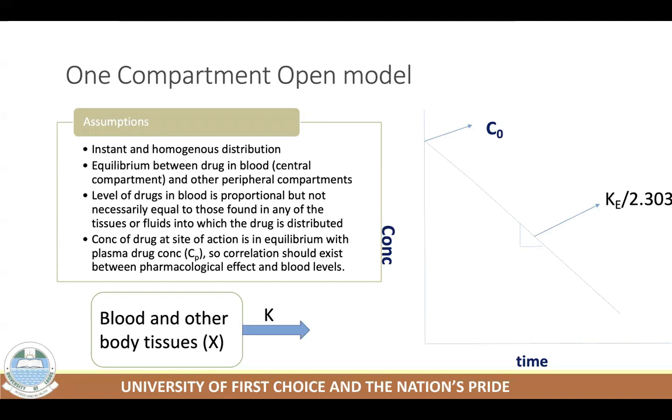The concentration at the site of action of the drug is expected to be in equilibrium with plasma drug concentration as well. It is therefore assumed that a correlation should exist between the pharmacological effects and the blood level of drug, particularly when free drug concentration is measured.